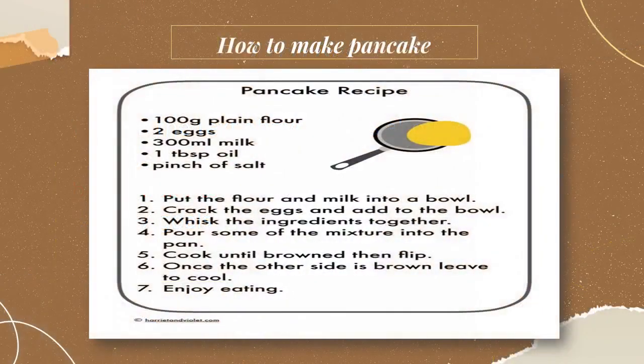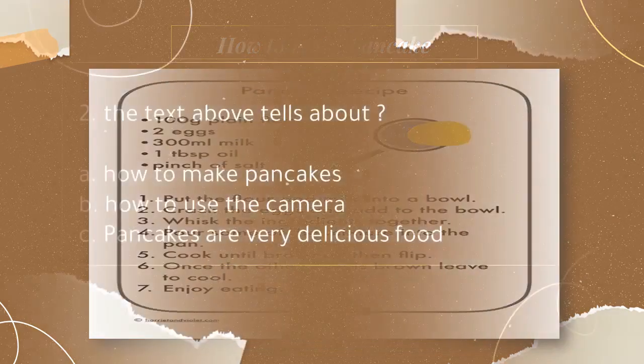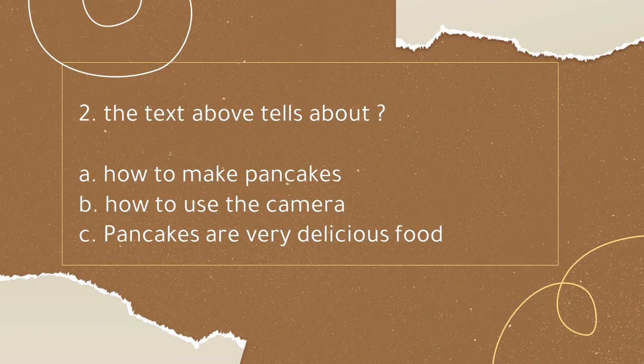Now, look at this picture. This is an example of procedure text. For the next question, the text above tells about A. How to make pancakes, B. How to use the camera, or C. Pancakes are very delicious food. What is the best answer to this question?